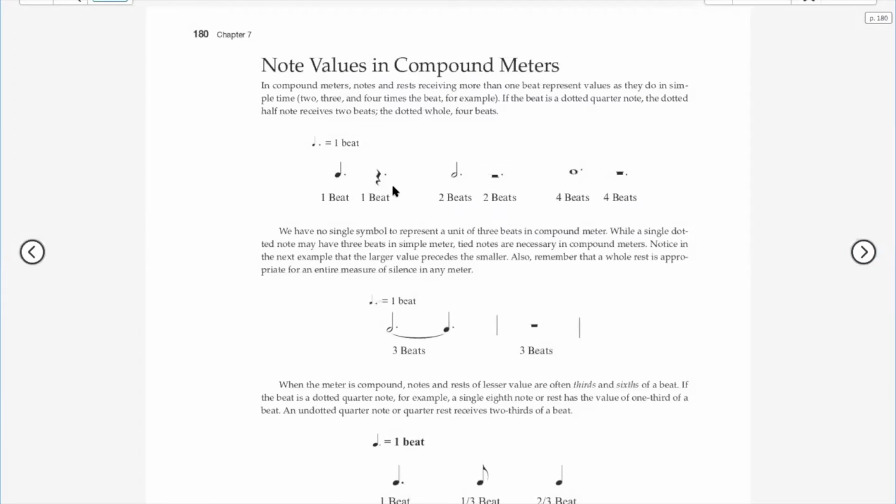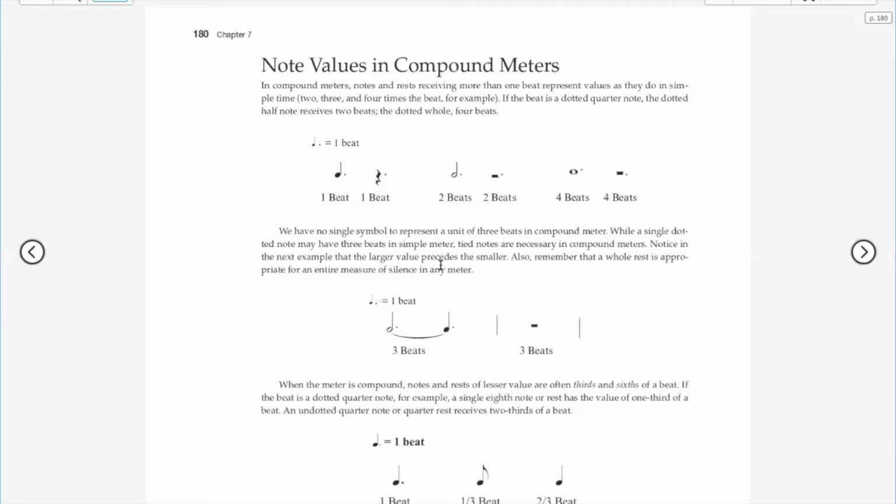So if you are in a compound meter, like I said, one beat might be represented by a dotted quarter note. If it is, a dotted half note will be 2 beats, and a dotted whole note, which you don't see very often, would be 4 beats. The corresponding rests are a dotted quarter rest, a dotted half rest, or a dotted whole rest.